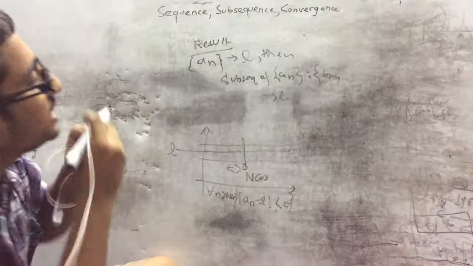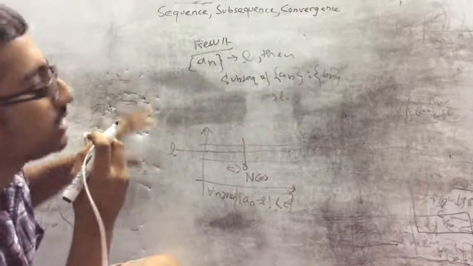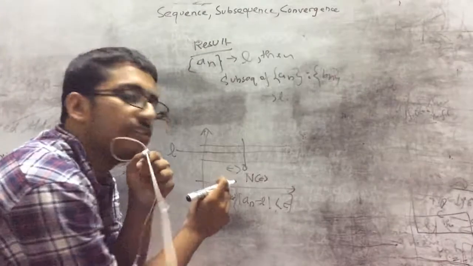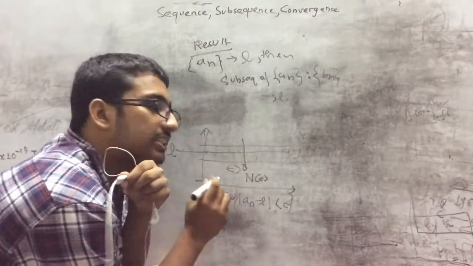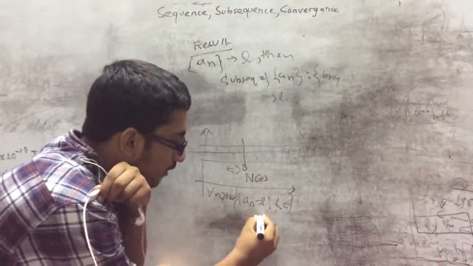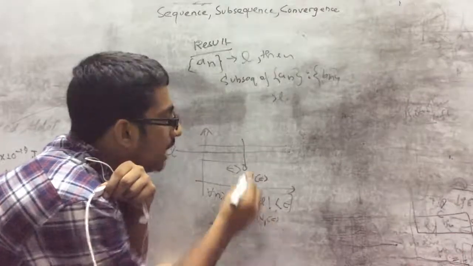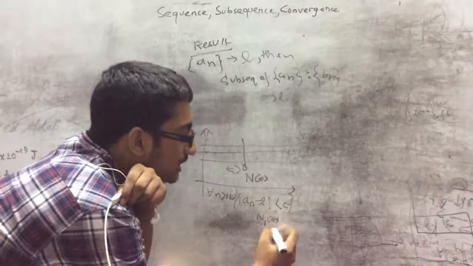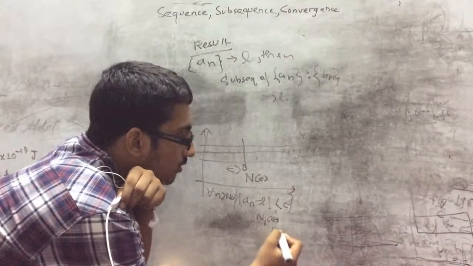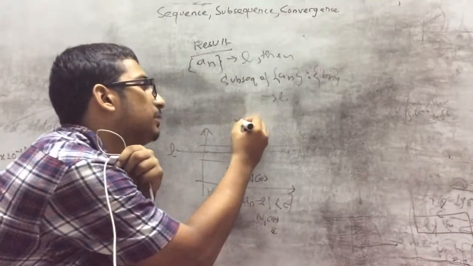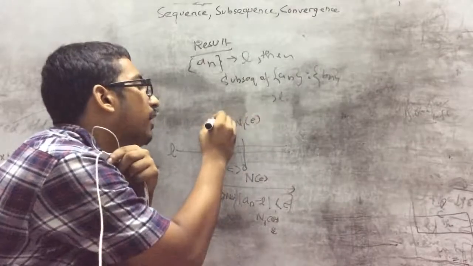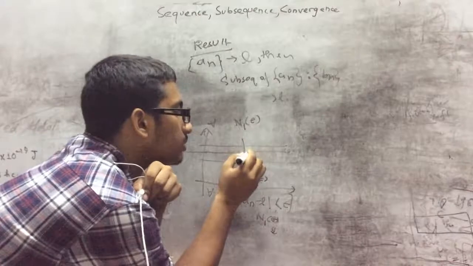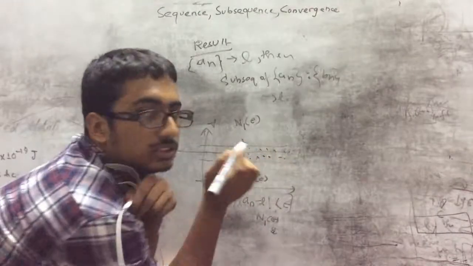Now see, as the sequence is infinite, the number of terms in a subsequence is infinite, so if we fix this epsilon, there must exist a number n1 of epsilon which is above this N of epsilon, a term of this subsequence. After this N of epsilon, all the terms of the sequence a_n will lie in this strip.